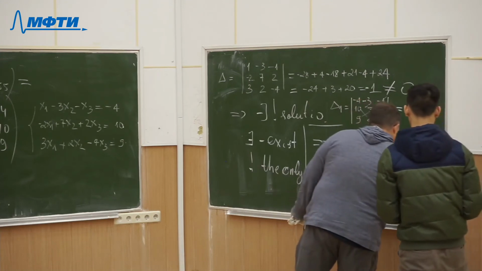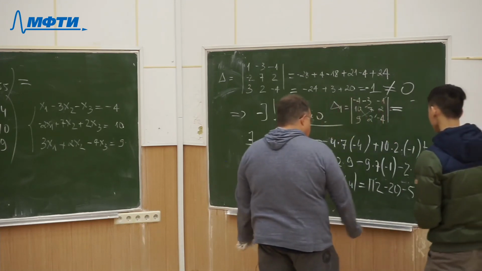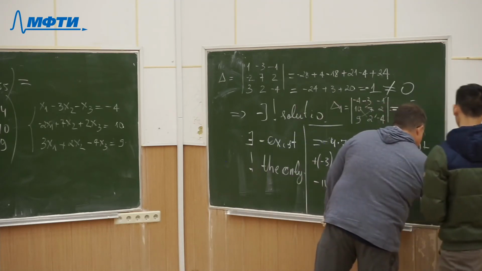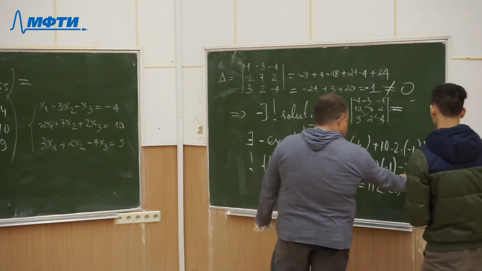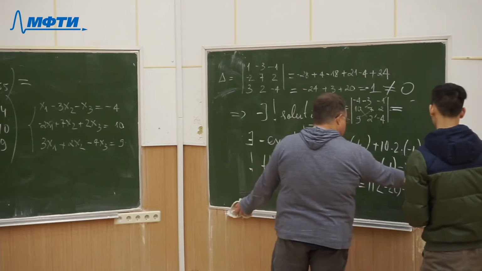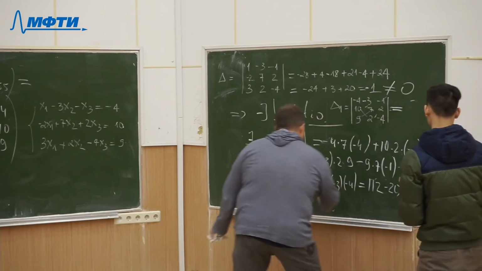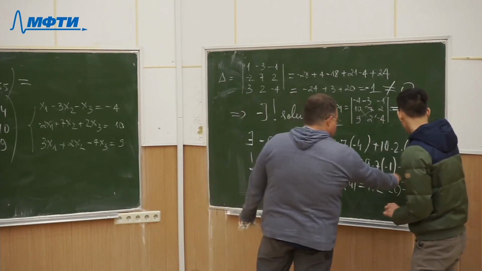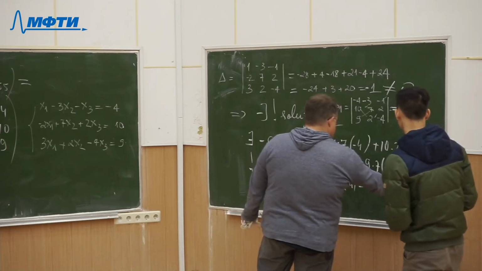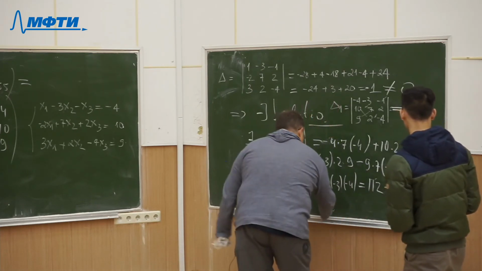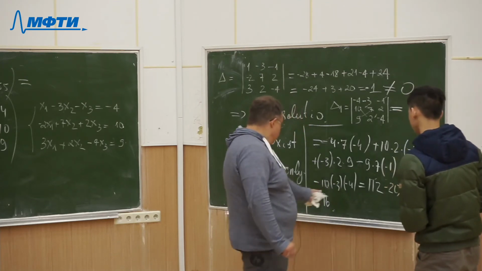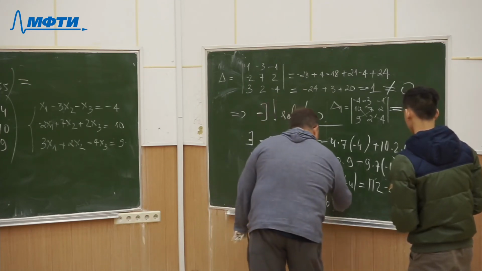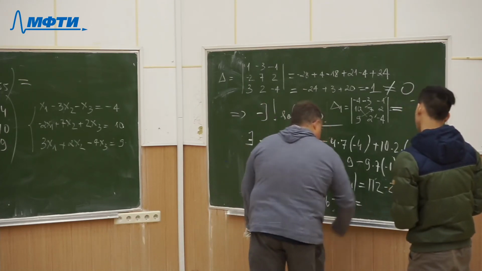Yes, minus 54. Yes, plus 63. Yes, 63. And plus 4 plus 8. Plus 8 and 60. 2, 4. 16. Yes, 16. You're right. And here 120 minus 120 equals.